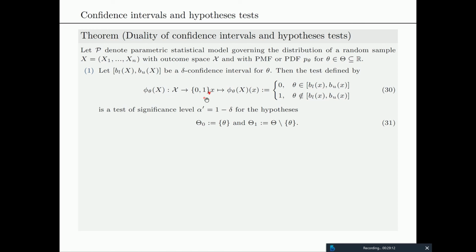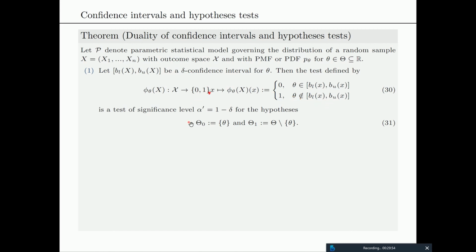We do not reject the null hypothesis if theta is in the confidence interval that we computed, and we reject the null hypothesis if theta is not in the confidence interval.